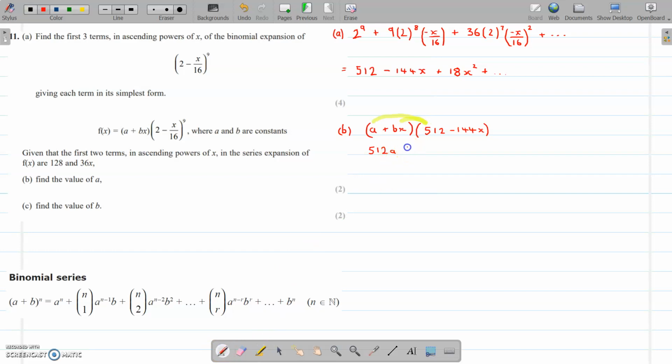So I've got plus 512bx. That's giving me part of the x term that I'm going to need. And I'm also going to get a third term I'm interested in, which is going to be a times this term here, a times 144x, which is 144ax.